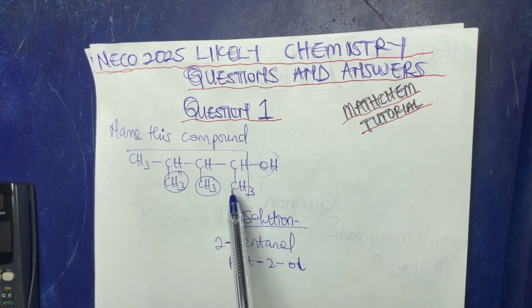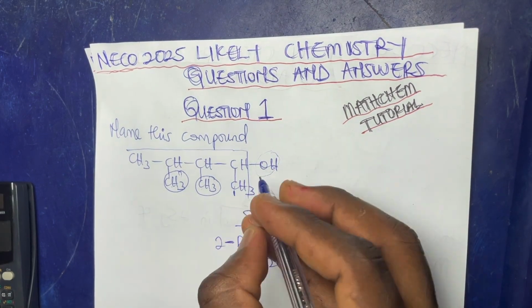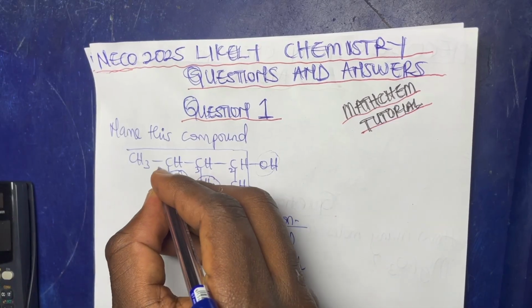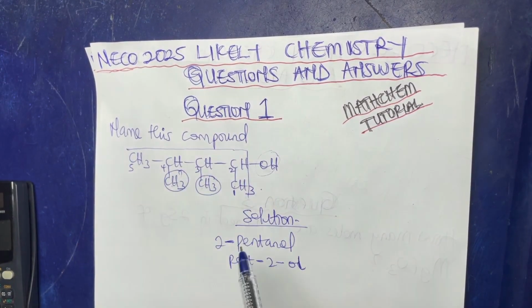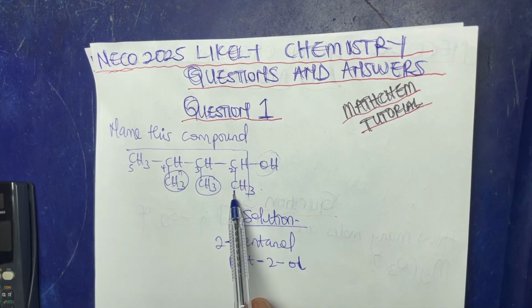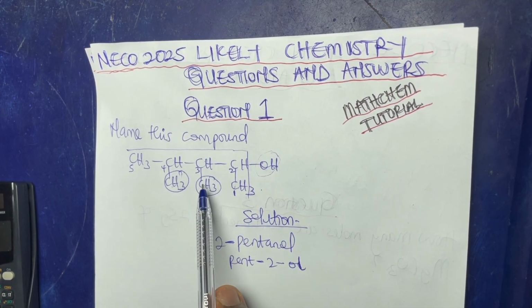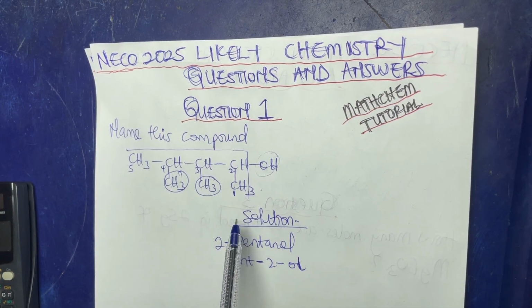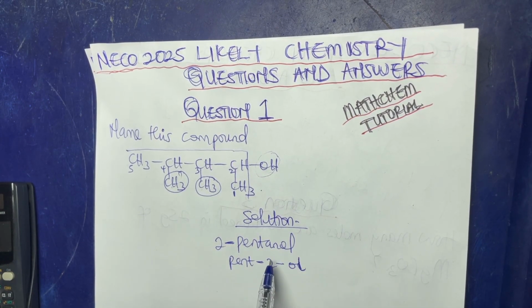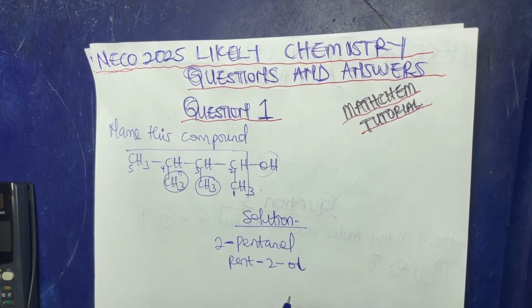Now the substituent. This will be my carbon 1, this is my carbon 2, my carbon 3, carbon 4, and carbon 5. So counting again, I'll have it as 1, 2, 3, 4. That will be 3,4-dimethyl-2-pentanol.